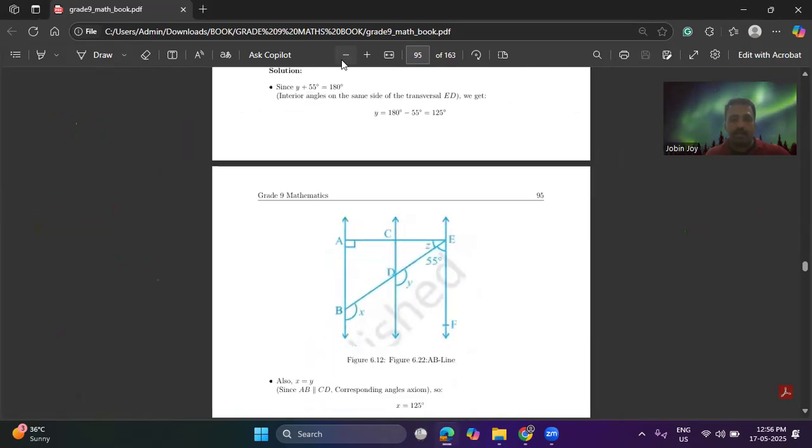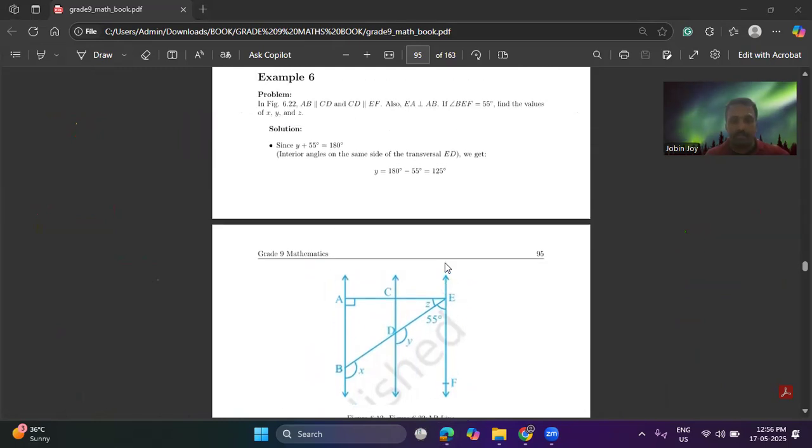Okay, next question. We have three lines: this is line AB, another line CD, and another line EF.